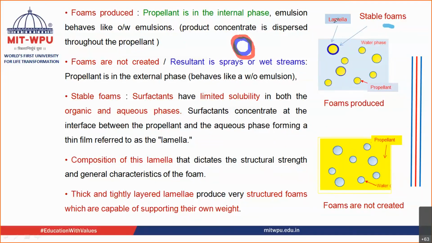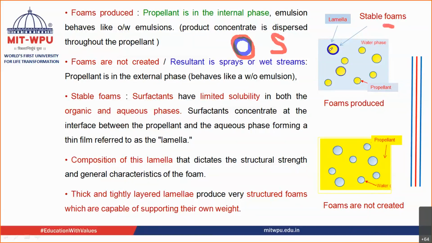Depending upon the thickness of the lamina and depending upon how tightly the lamina is attached to this dispersed phase, your foam stability is dependent. If your lamina is thick and it is tightly attached to this dispersed phase, then you get a stable foam.